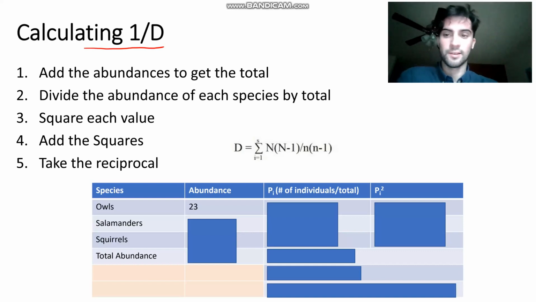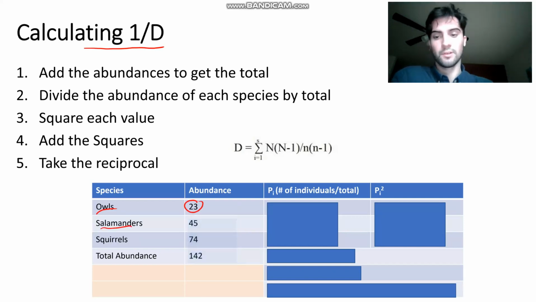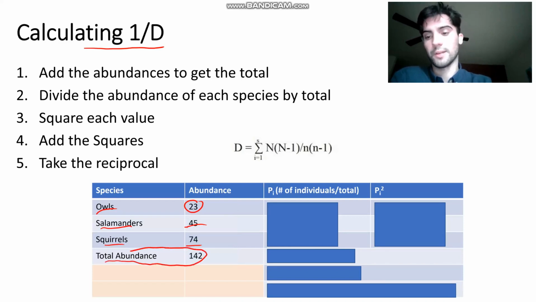And then you add the abundances to get the total of all species. So let's say I will go and I will count 23 owls, and then I will count 44 salamanders, 74 squirrels, and this is the total. So I add the total of all animals I saw, or organisms.